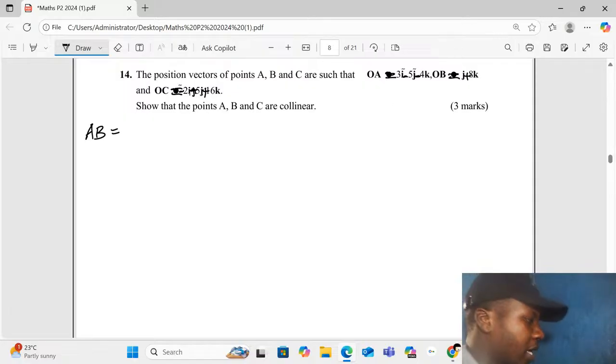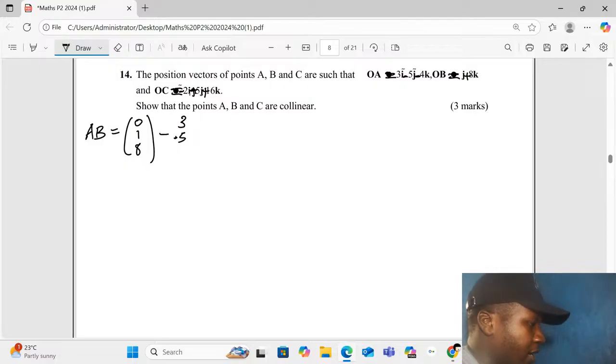So to find AB, this is point A: 1, 0, 1, 8, then minus point B: minus 3, 5, this is negative 5 because of that.